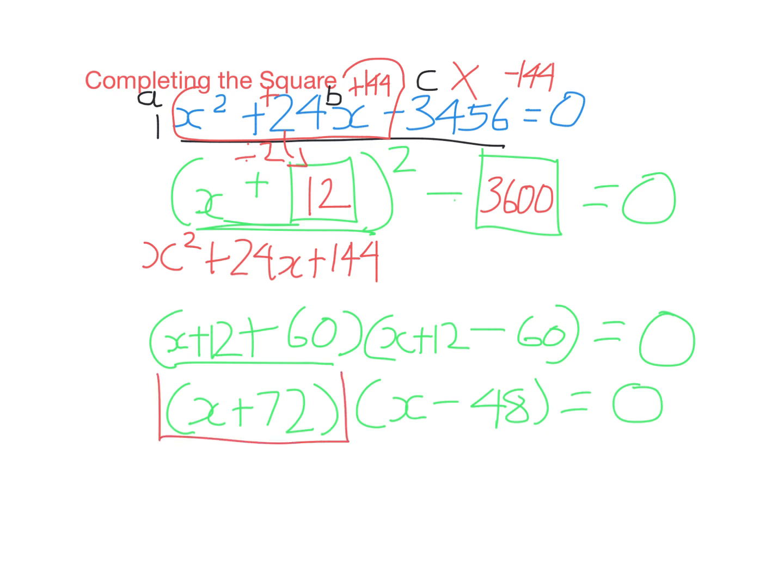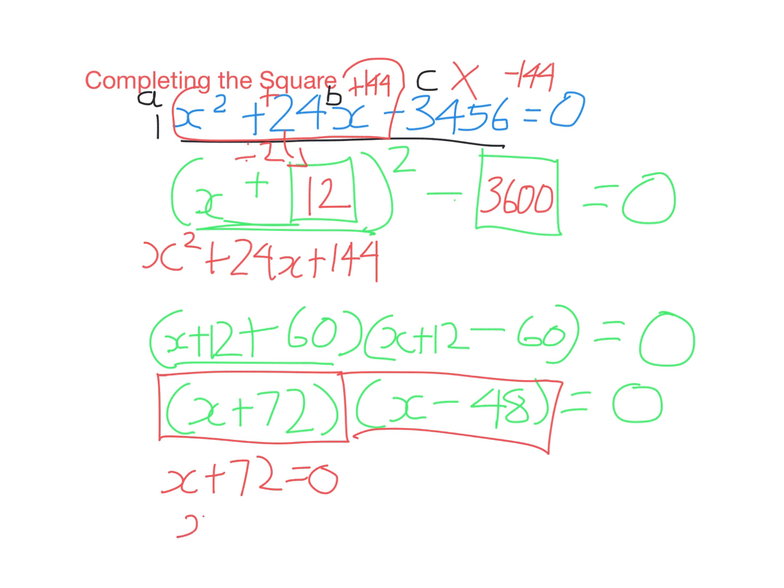The null factor law says if you have something times something equals 0, either the first something equals 0 or the second something equals 0. So of course, if x plus 72 equals 0, x is just negative 72. If x minus 48 equals 0, then x is just 48. So we have our two solutions and we're done.